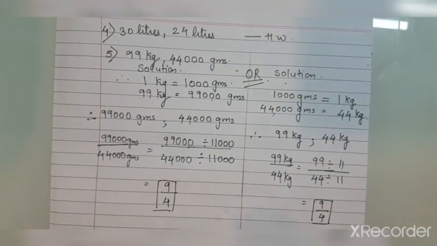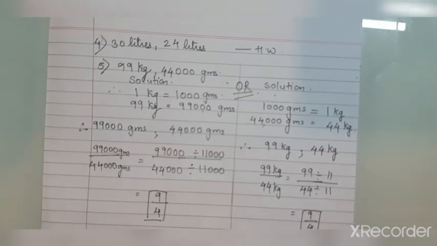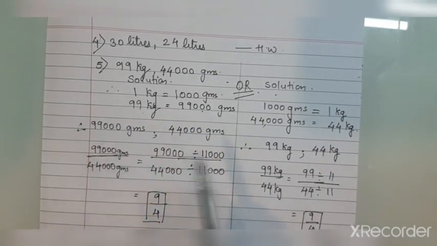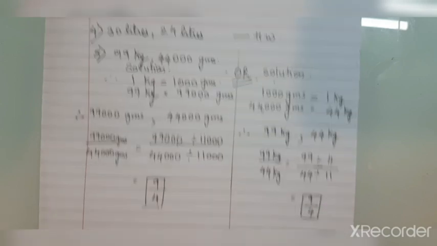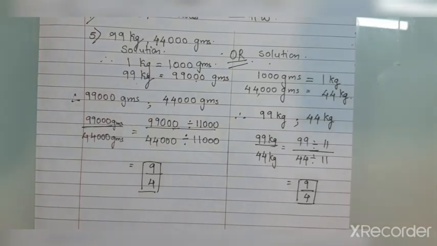So you know that any unit you can change, but change it to the same unit. Either kilogram, kilogram or gram, gram. So here in this part we have converted to grams, grams. In this part we have converted to kilogram. You will not do both methods. Do only one, whichever is convenient for you, because the answers will be same.